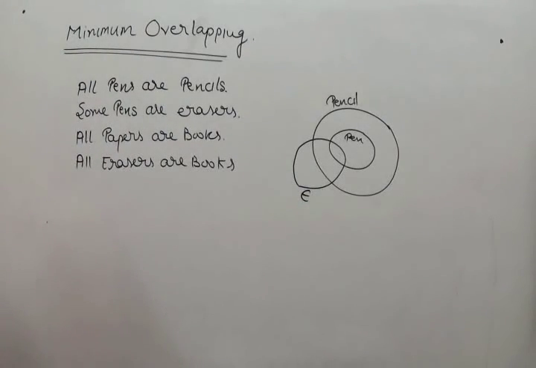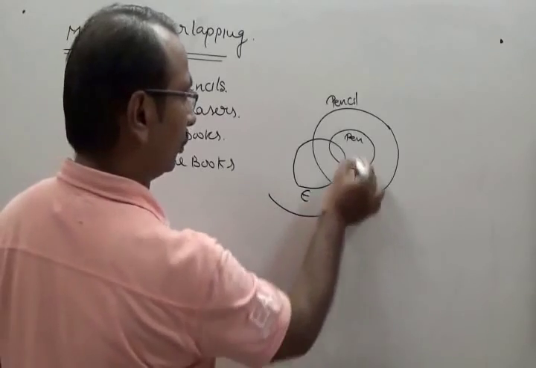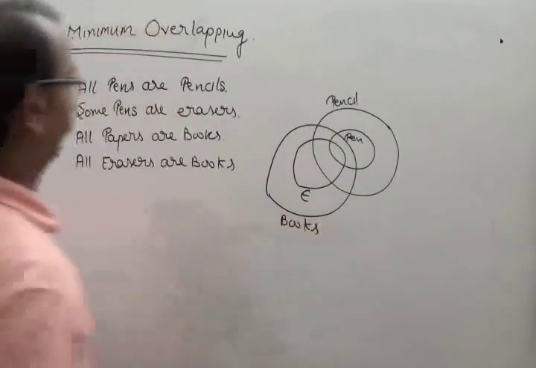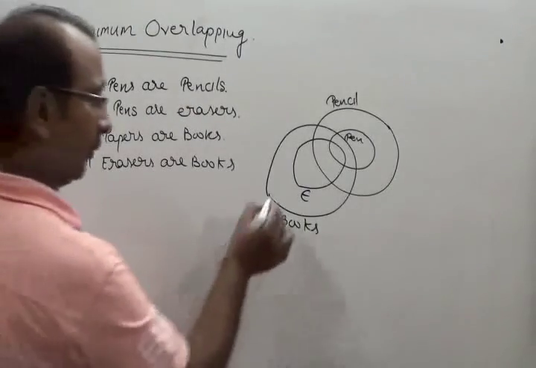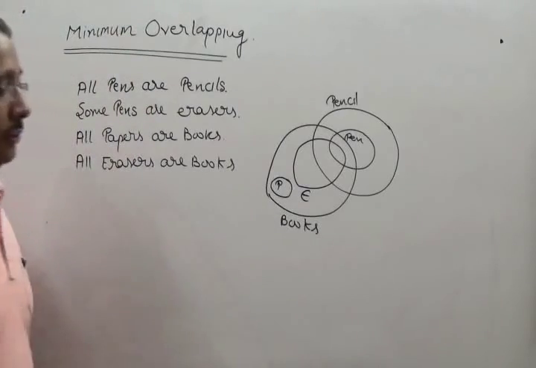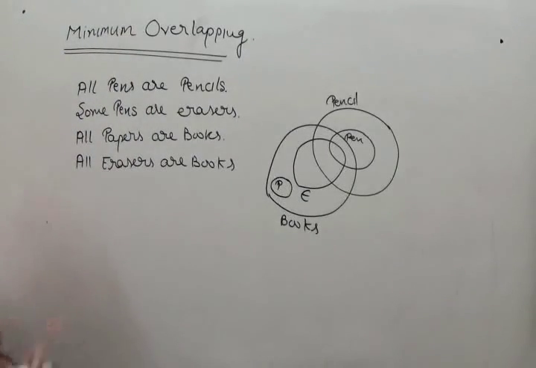Now it is given that all papers are books, and all erasers are books. It means one circle is there for the books, and all papers are books, so one circle must be made inside the books, that is for the papers. So that is the minimum overlapping that I have made.